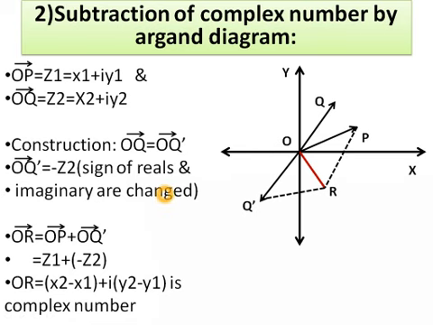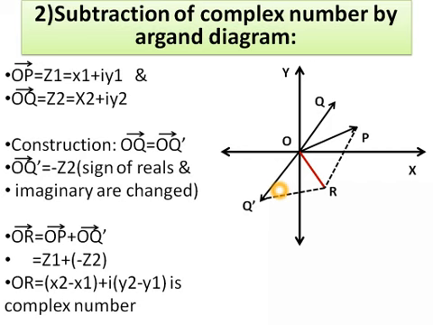In the same way, we again have OP and OQ dash with us. Here we have made a new construction in such a way that we have drawn a parallelogram, and that parallelogram has adjacent sides OP, or the Z1 complex number, and OQ dash, or the minus Z2 complex number.